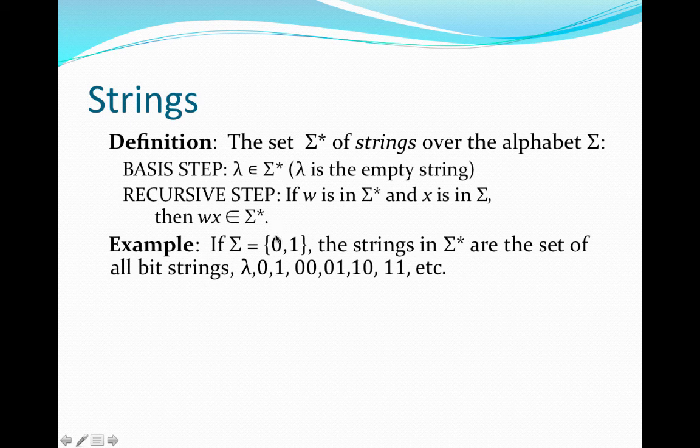So we can add 0 to 0 to get 00, and 1 to 0 to get 01. Similarly, to 1 we can add 0 to get 10, or 1 to get 11. Then to each of these new strings, we can add either 0 or 1 to the end. In this way we develop all possible bit strings.